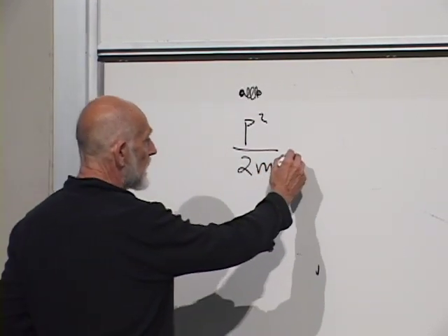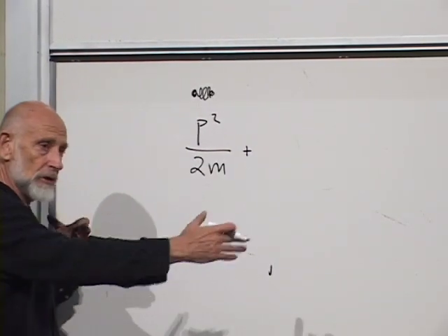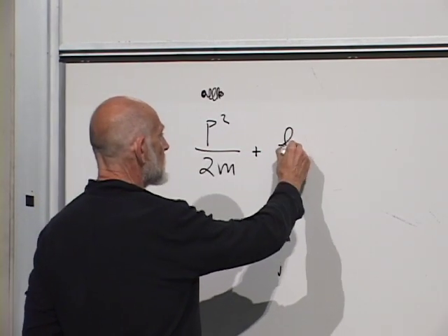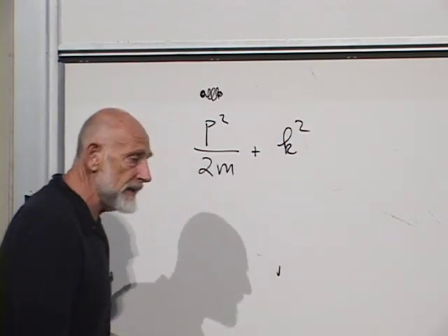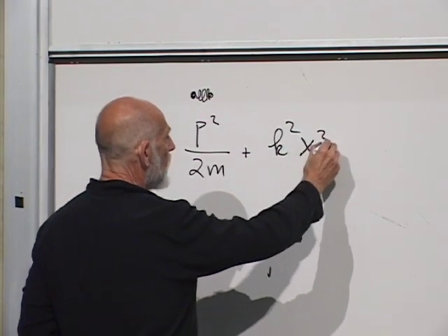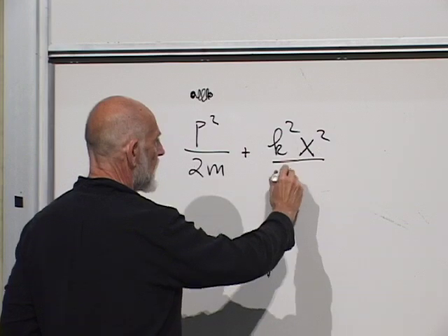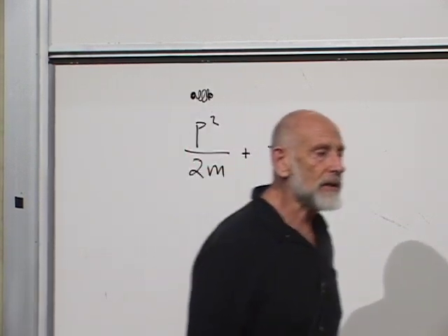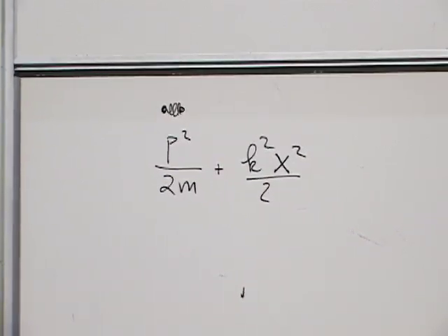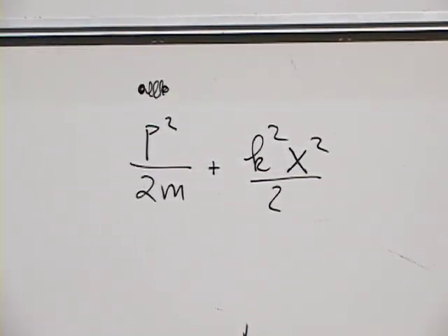But whatever it does, this is the kinetic energy of the motion of the molecule. And then there's a potential energy, and the potential energy is the amount by which the molecule is stretched. It's proportional to some spring constant, which we call k, times x squared over 2, where x is not the position of the center of mass of the molecule. It's just the coordinate which describes the oscillations.